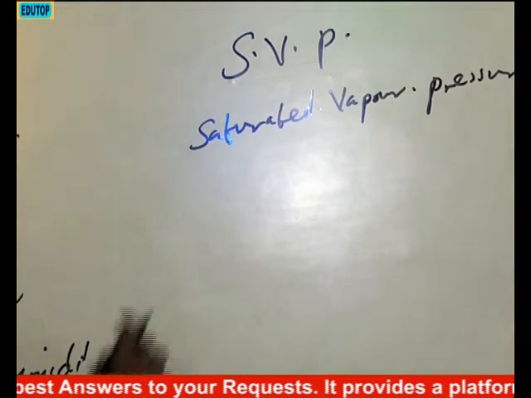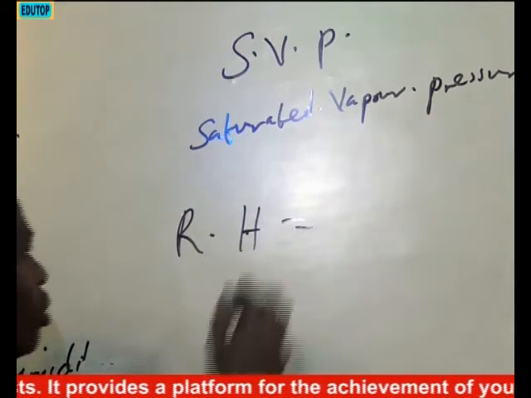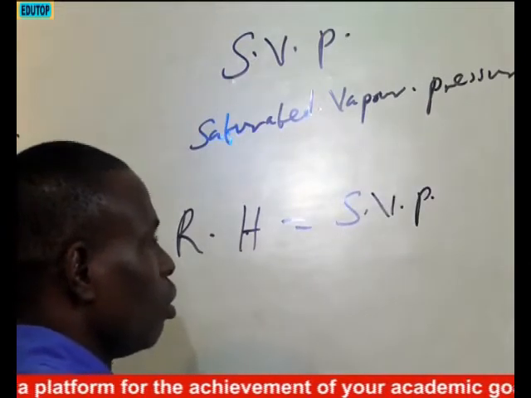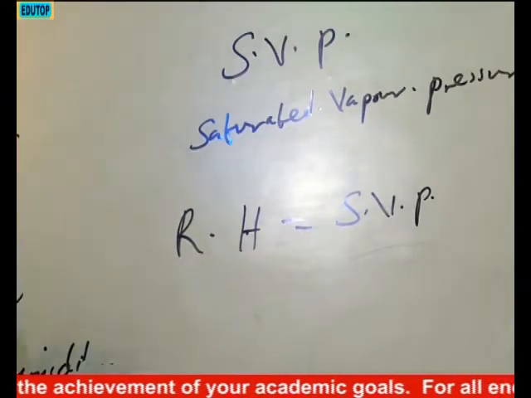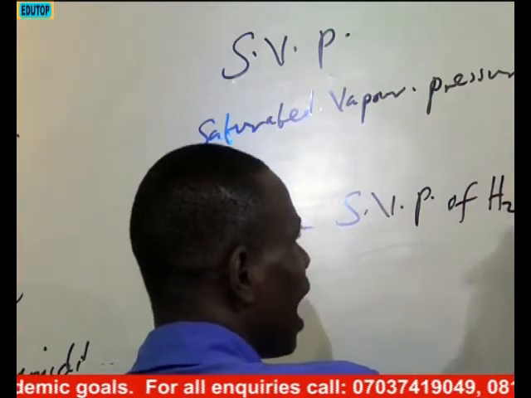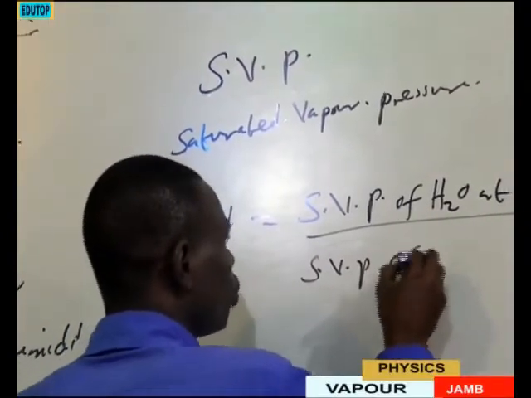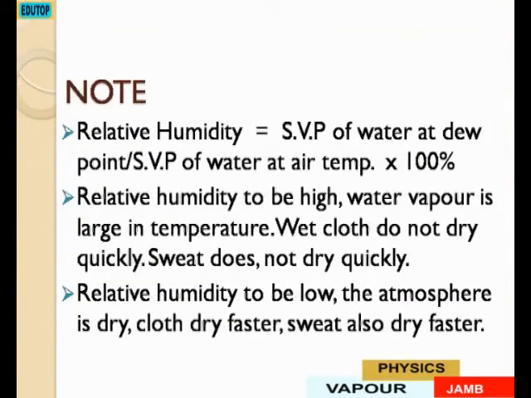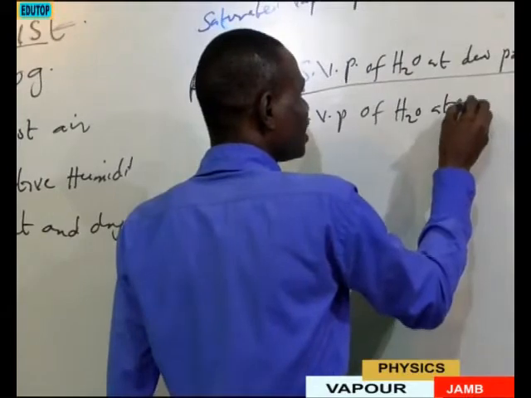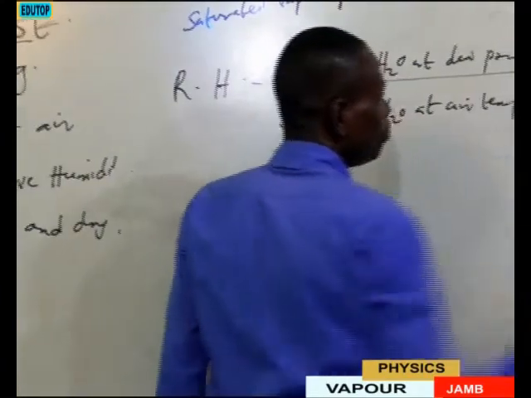This is what I'm talking about. Relative humidity is equal to the SVP of water, H2O, at dew point divided by the SVP of water at air temperature, everything times 100%.